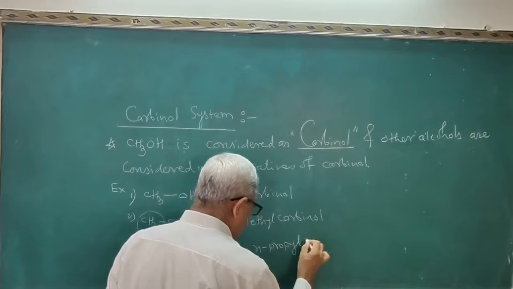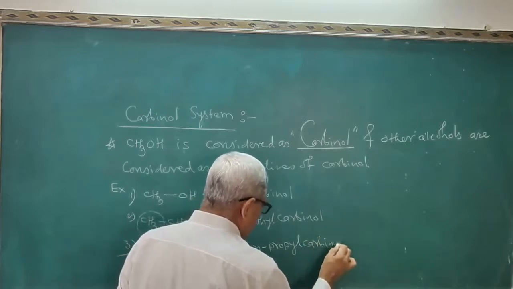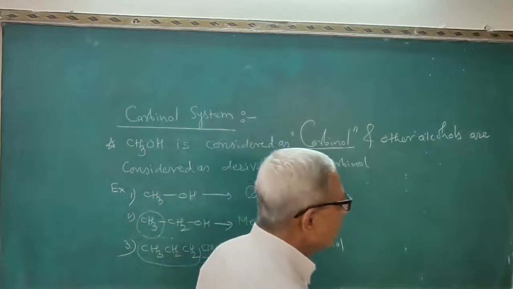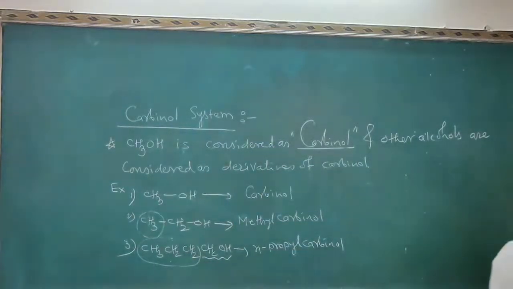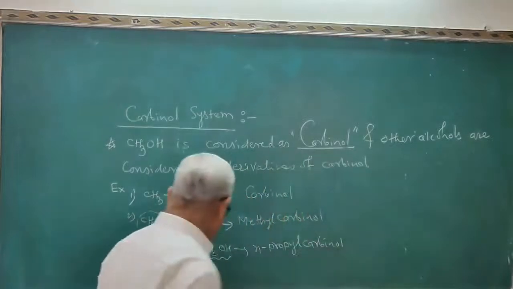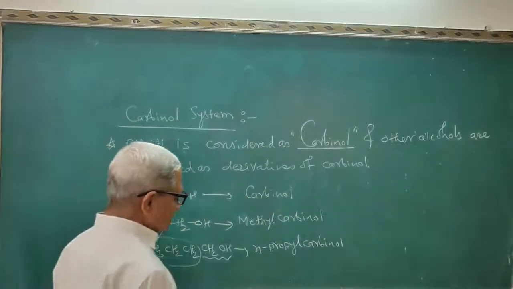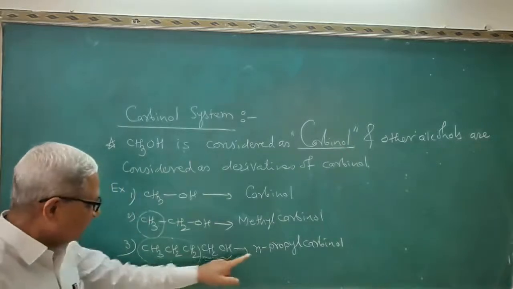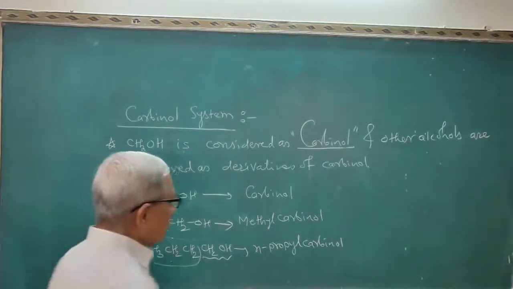So the name will become N-propyl carbinol. Now see here, in this case, all the three carbon atoms are in a straight chain. Therefore, it is N-propyl carbinol.